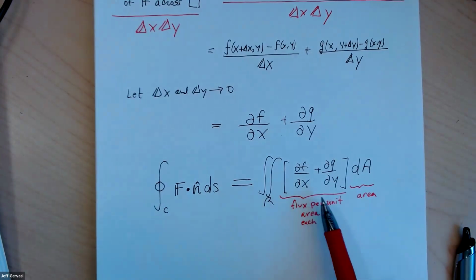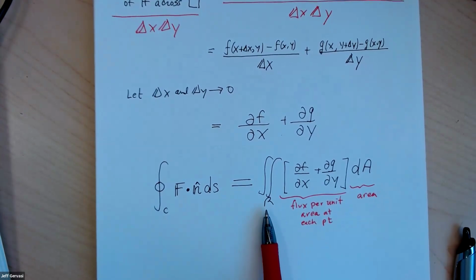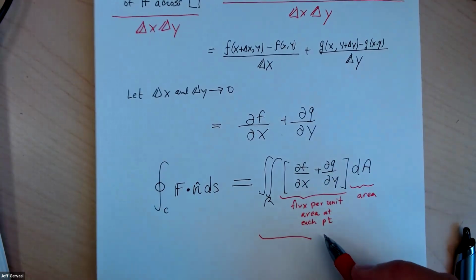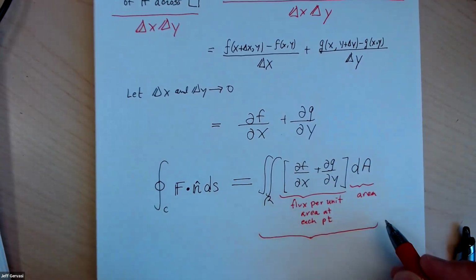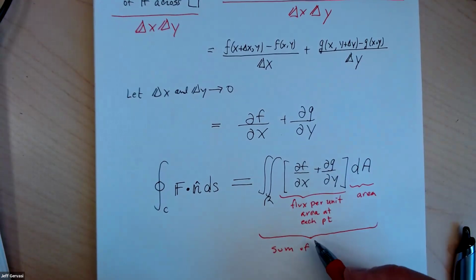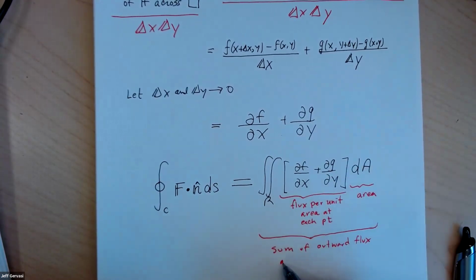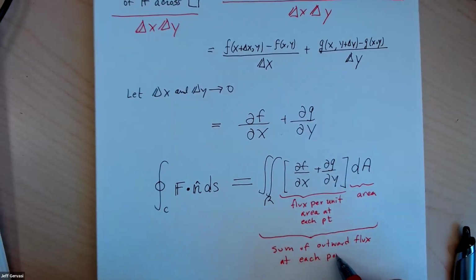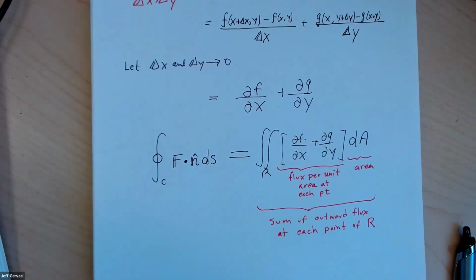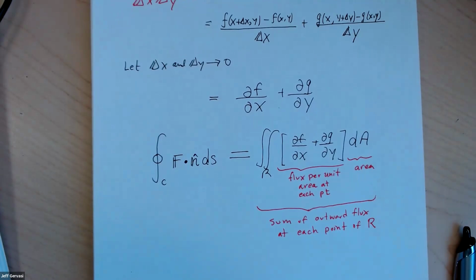So flux per unit of area at each point. What points? The points within R. And of course, the double integral says sum all that up. So the integral says to sum up the outward flux at each point of the region R.